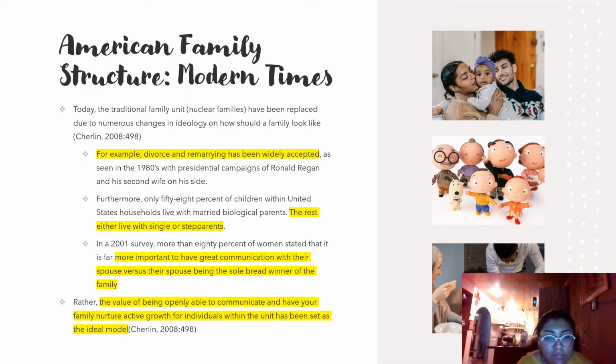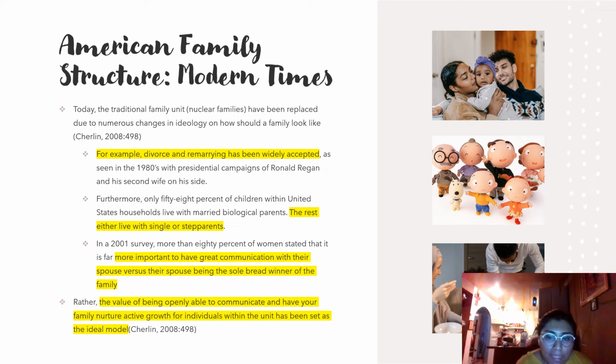The rest either live with single or step parents. And in family roles, the relationship between a couple, especially in heterosexual couples, has gone from the man being the sole breadwinner to women preferring to have greater communication with their spouse rather than marrying for money.